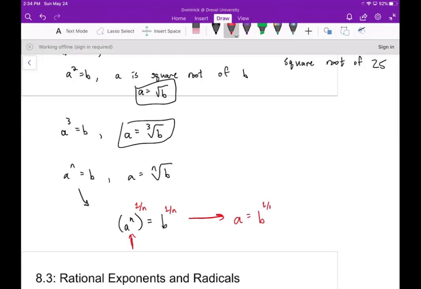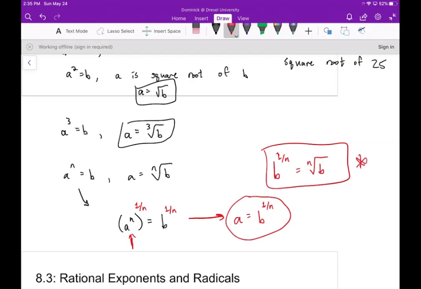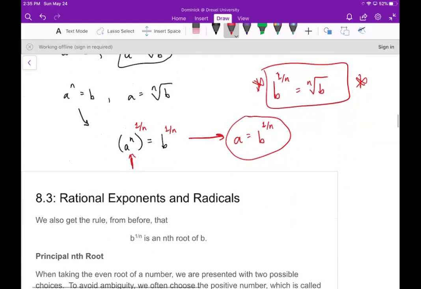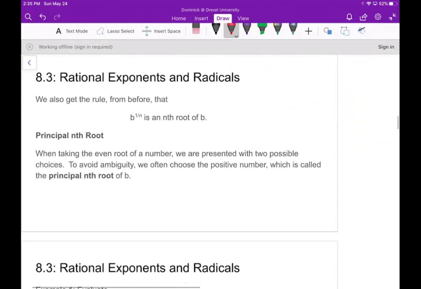And that is equal to b to the 1 over n. But a is also equal to the nth root of b, so b to the 1 over n must be the same thing as the nth root of b. And of course, that is true. So this gives us a way to talk about fractional exponents, and we'll comment on this a little bit more.